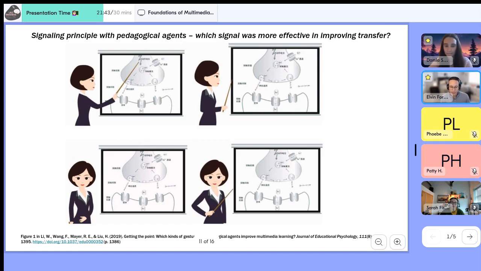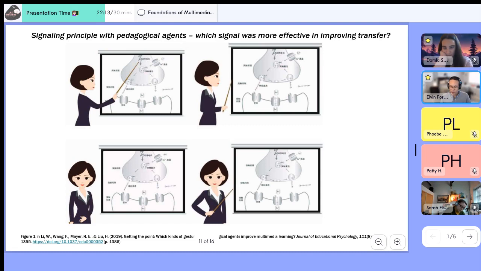So here we have a study where Lee, Wang, and Mayer and Liu made an e-learning on signaling. They were testing signaling, and they have 4 groups. The signaling principle states that pointing to the most relevant part of the graphic, or using the graphic somehow, is better than not.